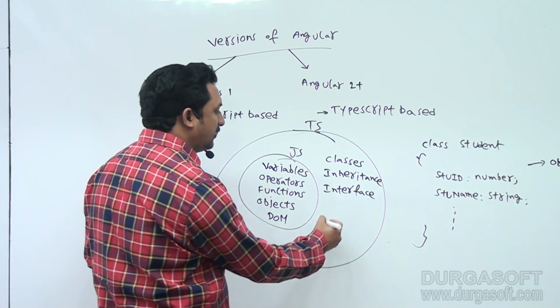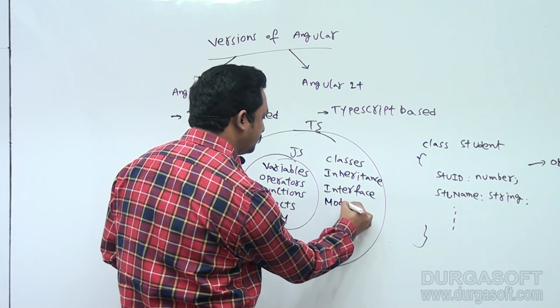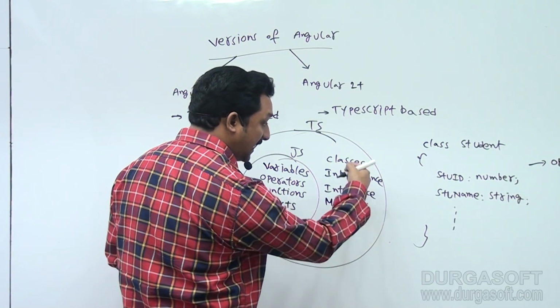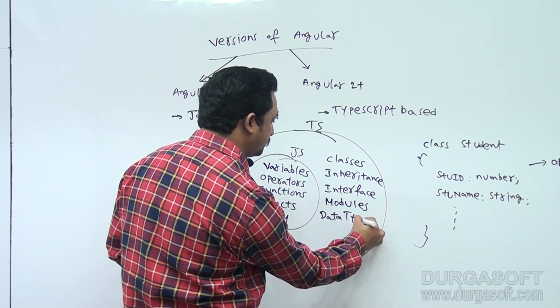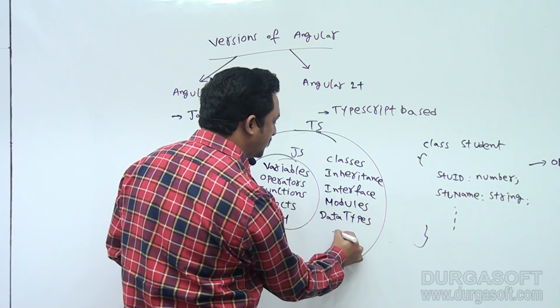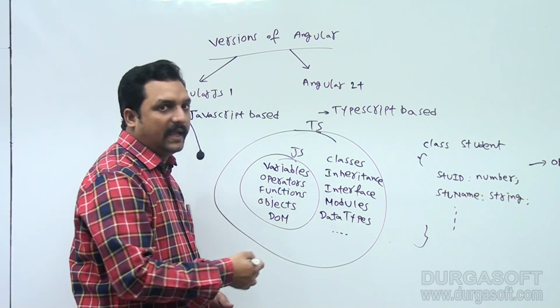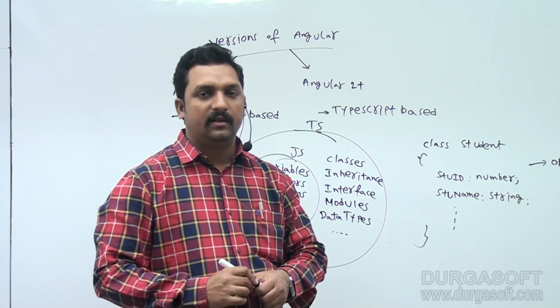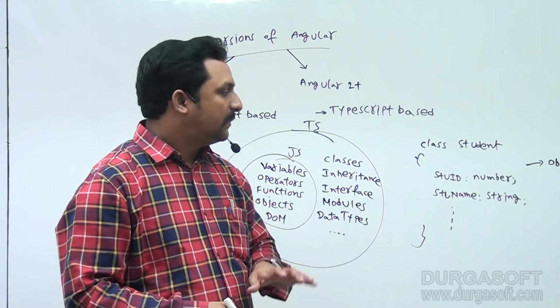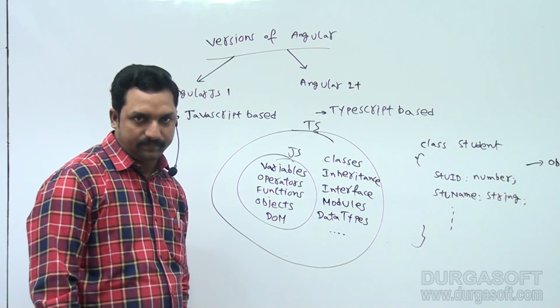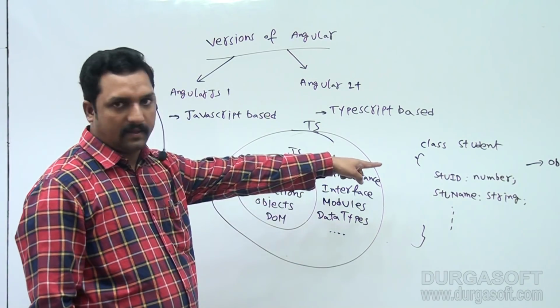Plus additionally modules, and most important of all these, data types. Some other miscellaneous features were also added, like array functions and destructuring. That's common; any new language generally has new features. But the main highlighting points are these five. So classes are available.